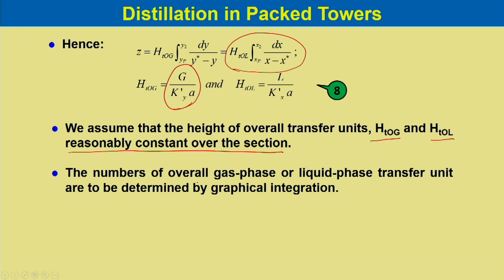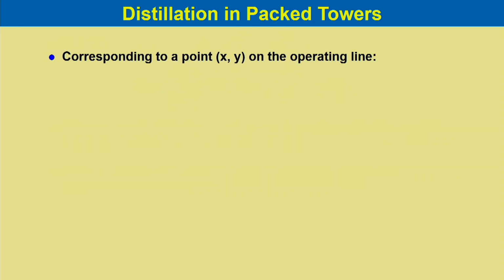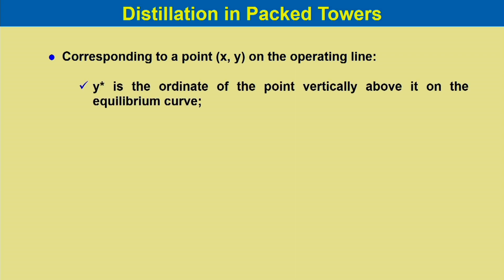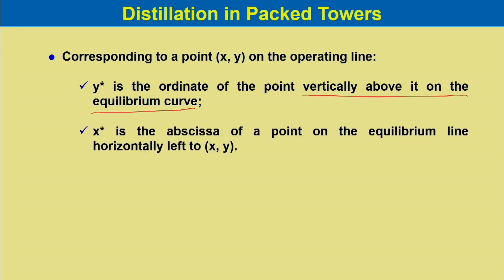The number of overall gas phase or liquid phase transfer units are to be determined by graphical integration, as we have done for the individual mass transfer coefficients. Corresponding to a point x y on the operating line, we can obtain y star as the ordinate of the point vertically above it on the equilibrium curve, and x star as the abscissa of a point on the equilibrium line horizontally left of x y.